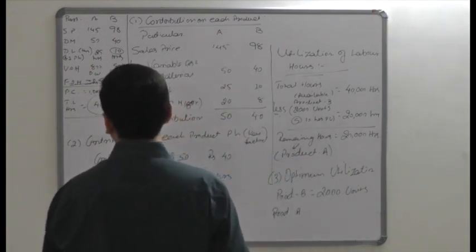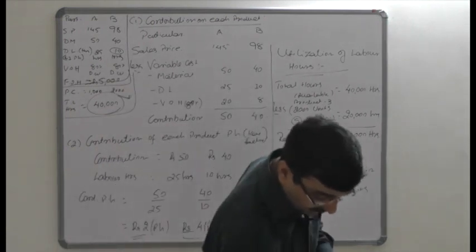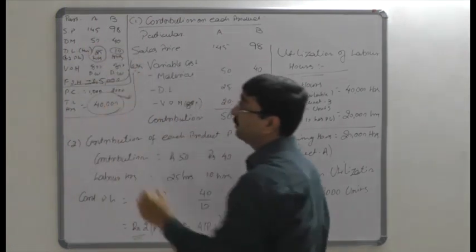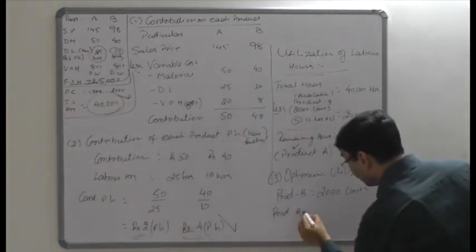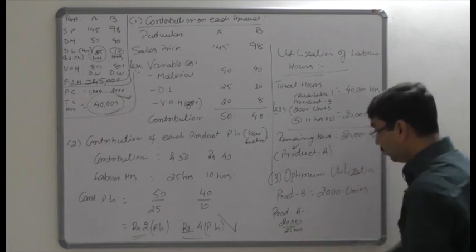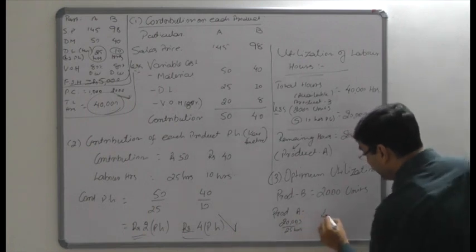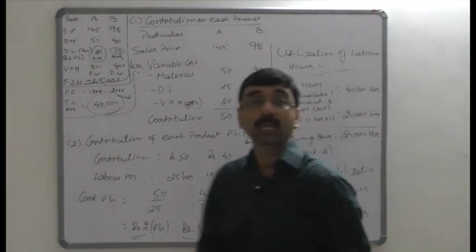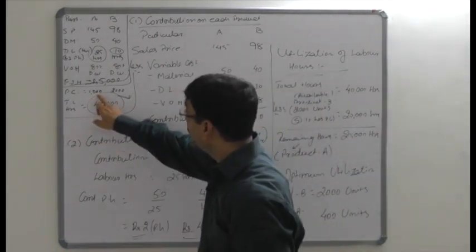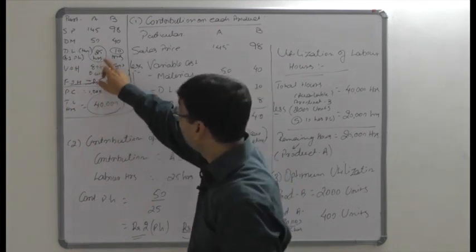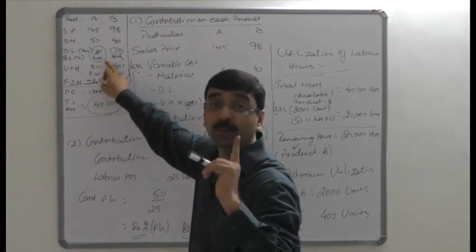We need to identify that 25 hours is used to manufacture one unit. So 20,000 hours divided by 25 hours per unit comes to 800 units. The target for product A is 1,000 units, but how many hours are required for manufacturing one unit of product A?